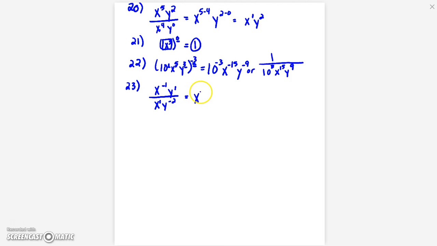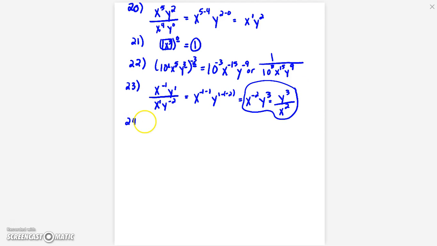So we have x to the negative 1 minus 1. y to the 1 minus negative 2 equals x to the negative 2. Negative 1 minus 1 is negative 2. y to the positive 3. You could also write this: keep the y cubed on top and put the x squared on the denominator. It becomes positive. Both of these are the same thing.